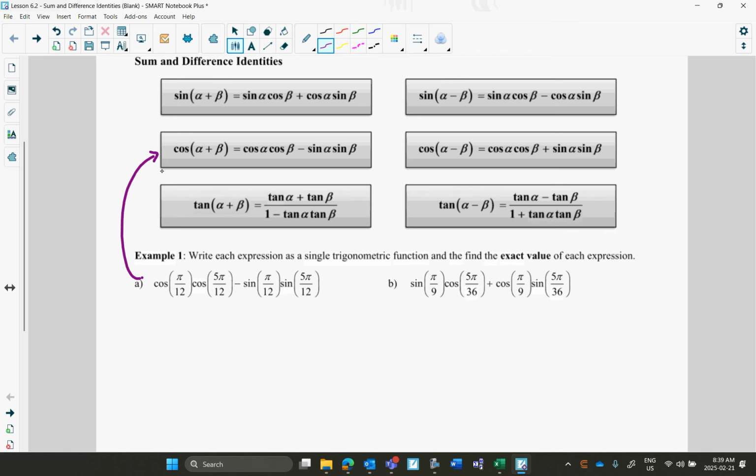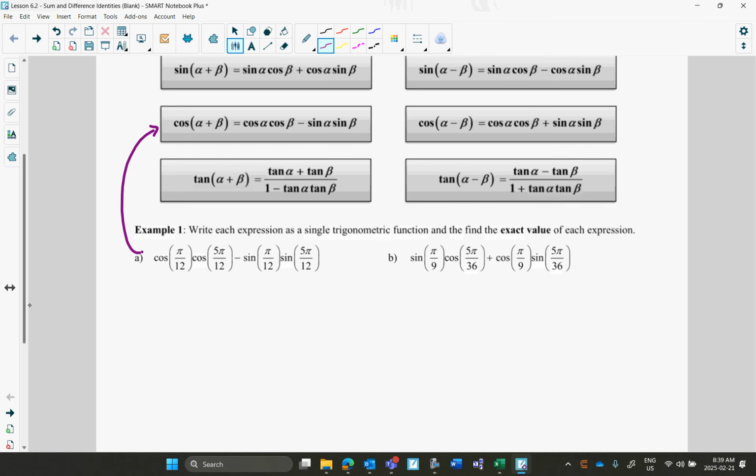So I can rewrite this. I can compress it down to this. So this whole thing here is equal to the cos of the first angle, pi over 12, plus the second angle, pi over 12. So I've made it simpler to work with.